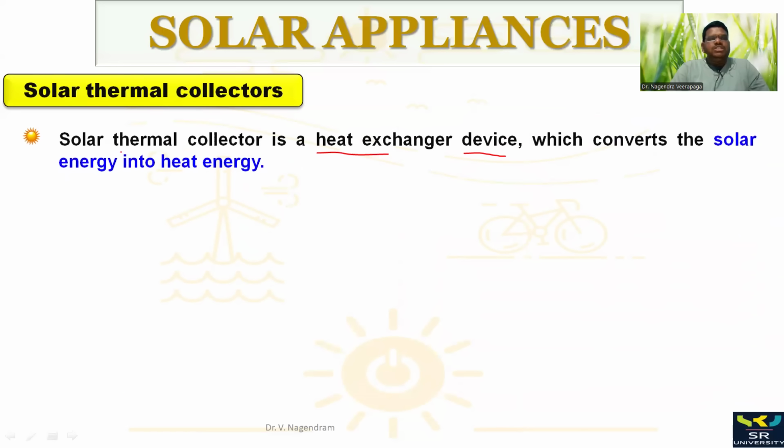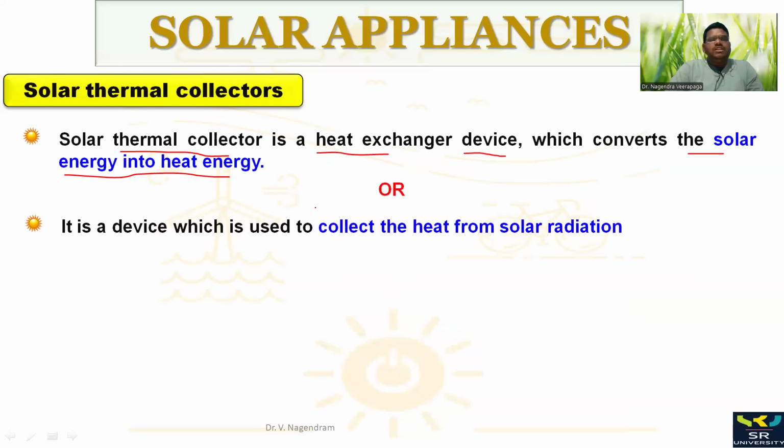So the solar thermal collector is a heat exchanger device which converts solar energy into heat energy. That is the definition of the solar thermal collector.